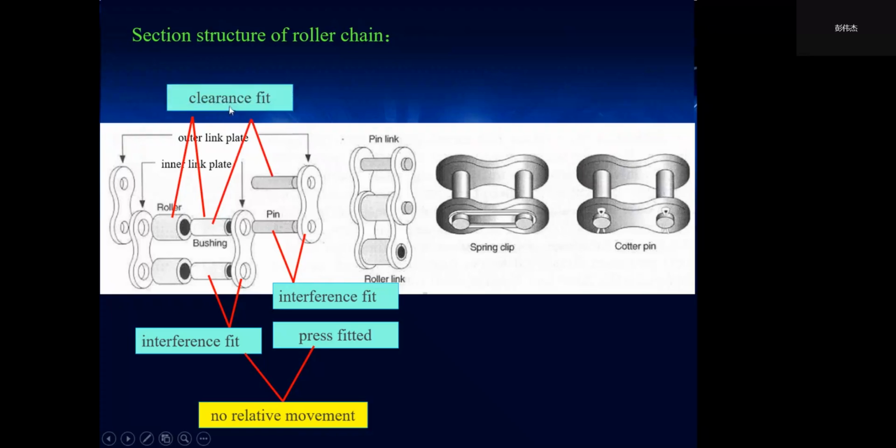They are slip-fitted. So pins inside bushings and rollers inside each bushing to provide rolling engagement.